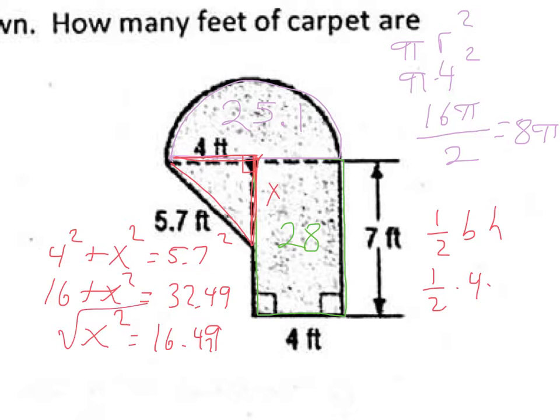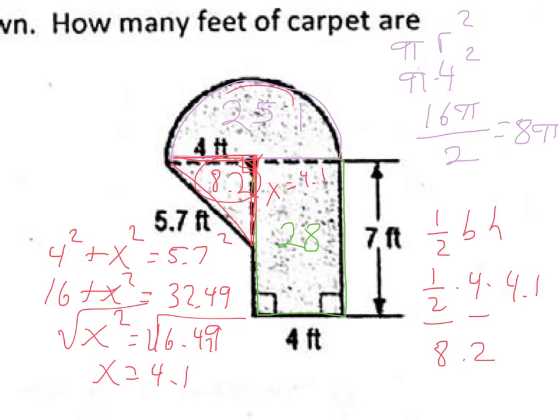Take the square root, and x equals, rounded, 4.1. So if x equals 4.1, we multiply 1/2 times 4 times 4.1. And when you do that, you get 8.2, which is the area of this triangle.